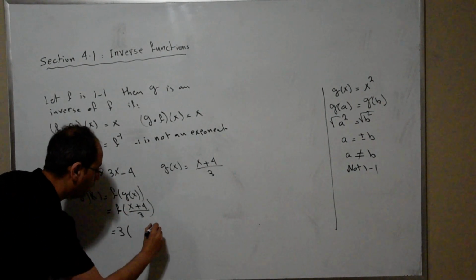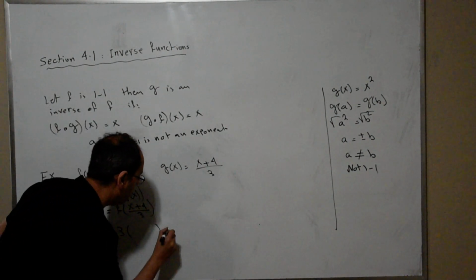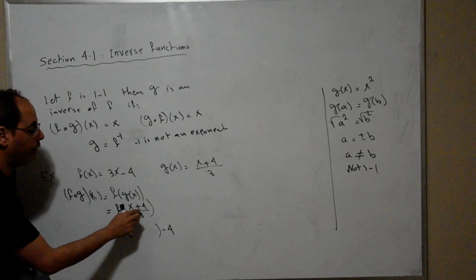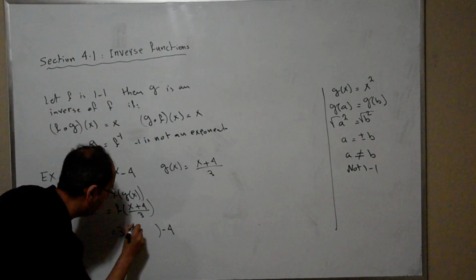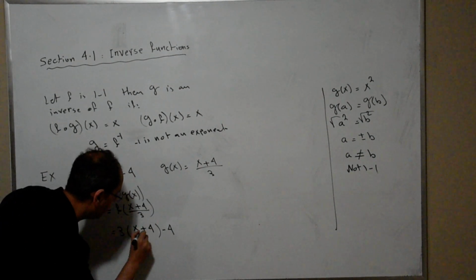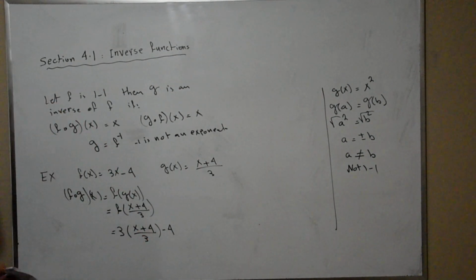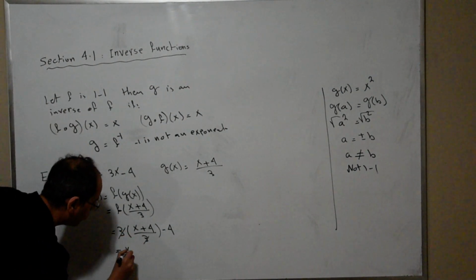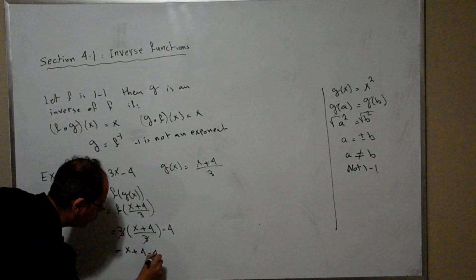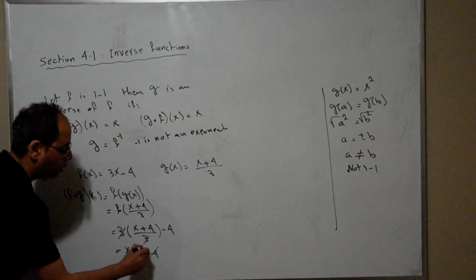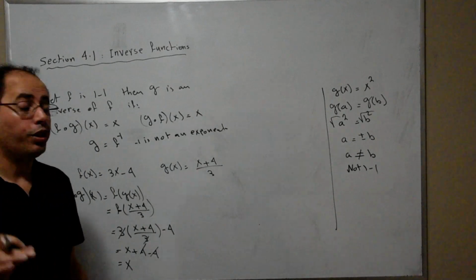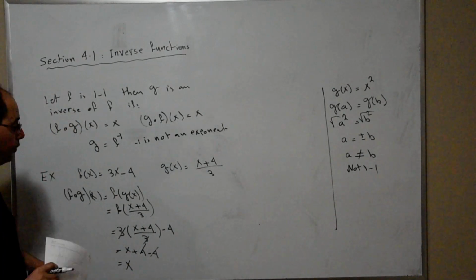So x, I'm going to make parentheses and minus 4, and then I plug x plus 4 over 3 here. Let's distribute that. 3 with 3 is cancelled out, so I have x plus 4 minus 4, and 4 and -4 cancel out, so the answer is x. So far so good. I have half of the solution.